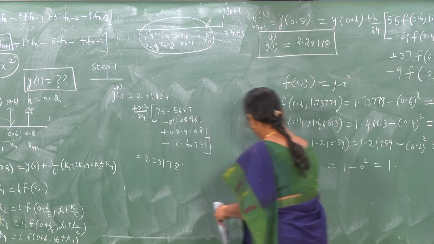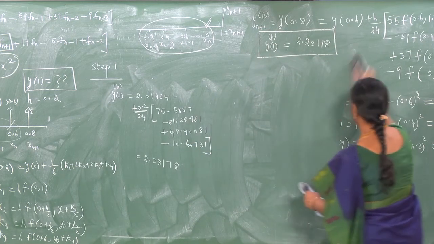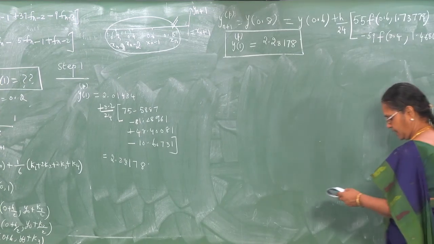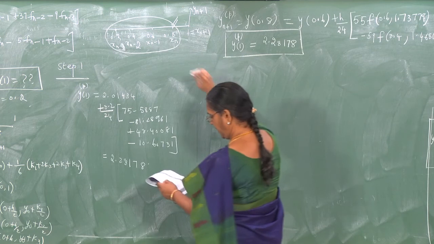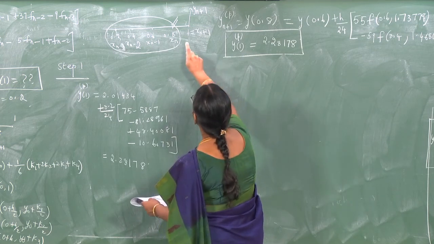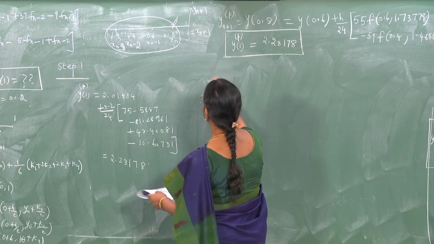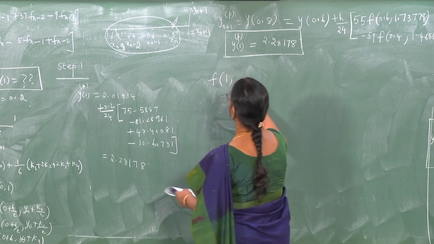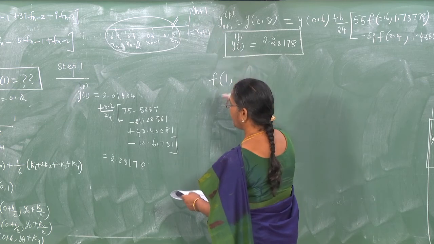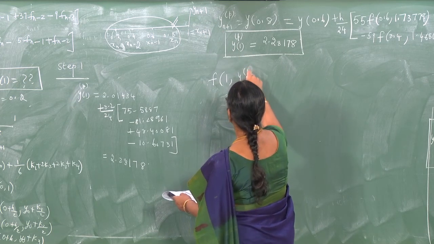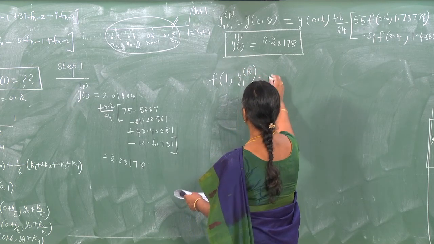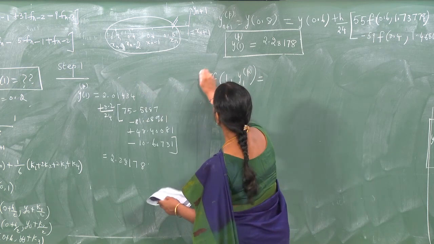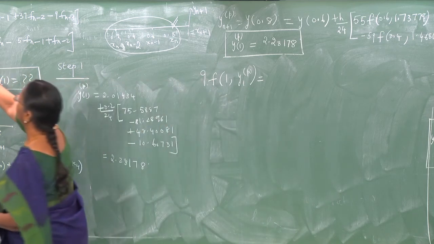Now, I would like to correct this value using the corrector. That requires information of f at this point. So, f at xn plus 1, yn plus 1, that is y1 predicted is required, and I also have to multiply it by 9 in the formula.